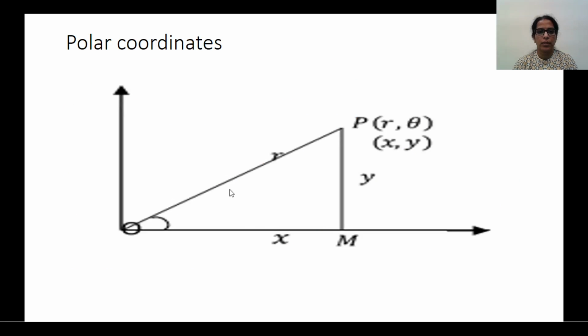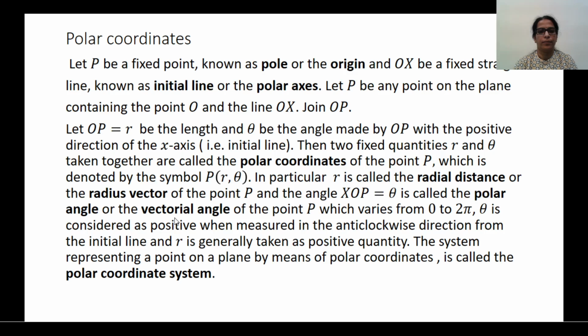So this is the length OP, that is r. This is called the radius vector and this angle is called the vectorial angle. That vectorial angle varies from 0 to 2 pi.